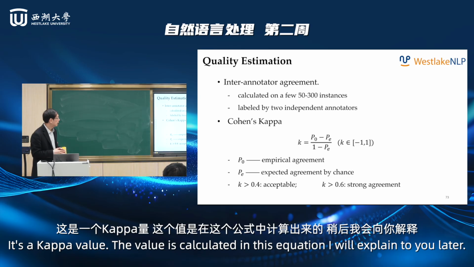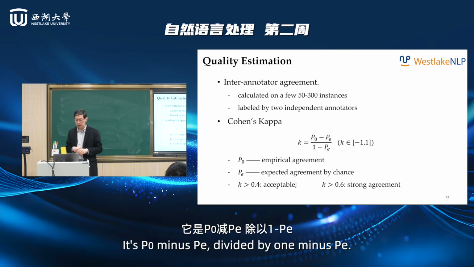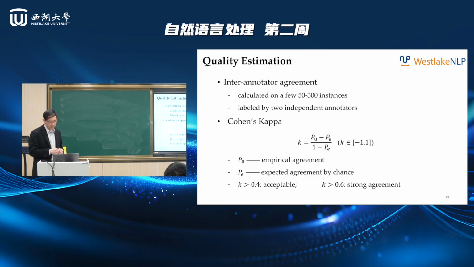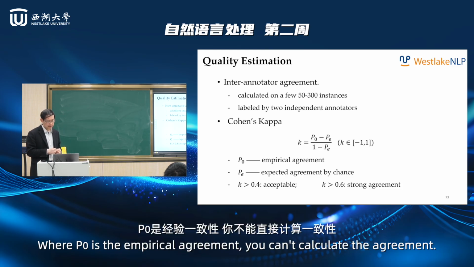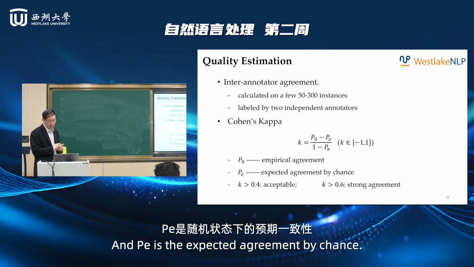The value is calculated with this equation, which I will explain later. It's P0 minus PE divided by 1 minus PE, where P0 is the empirical agreement, the agreement you calculate, and PE is the expected agreement by chance.